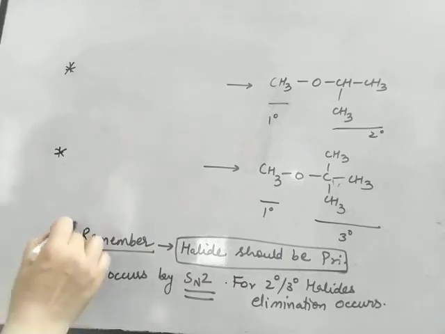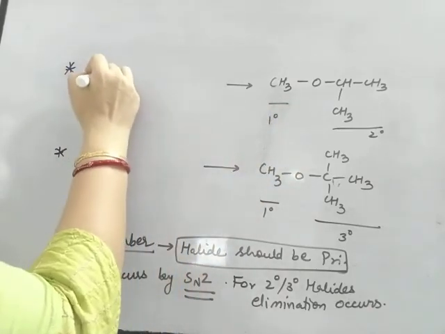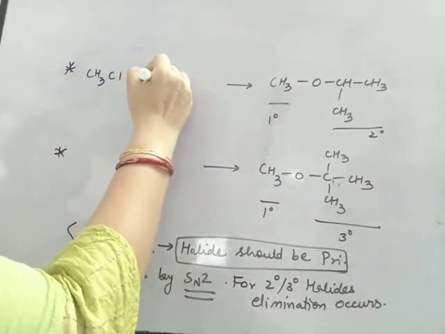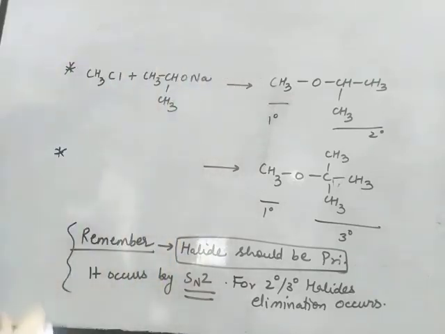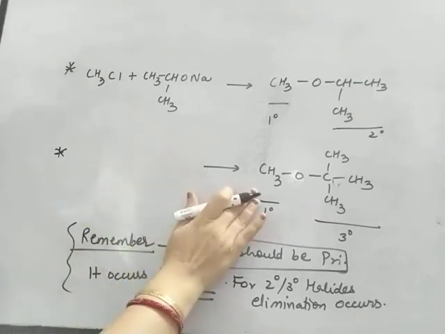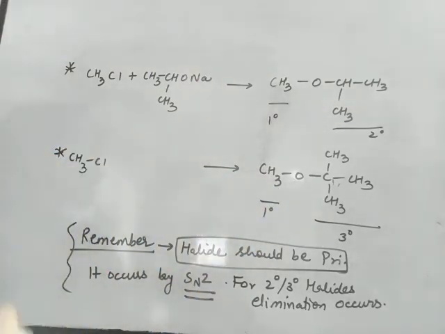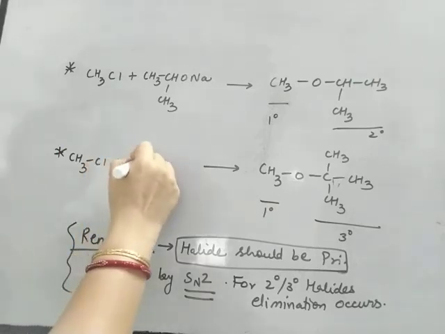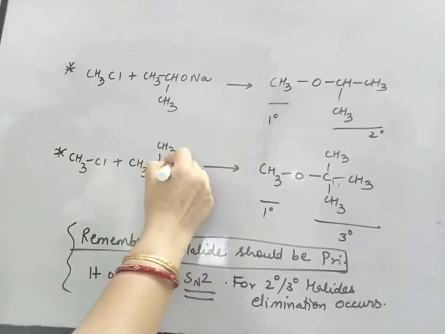Is this clear? So if I want to prepare this ether, my halide should be primary. So like this, this is the way to prepare this ether. Alkoxide can be secondary or tertiary. Likewise, if I want to prepare this ether, my halide should be primary like this. Now, the alkoxide can be tertiary also. So what reason have we given here?